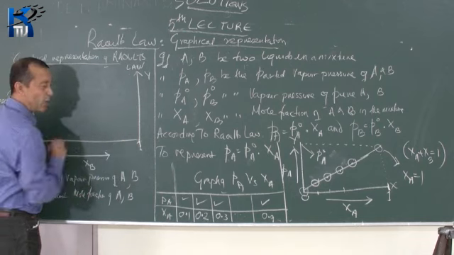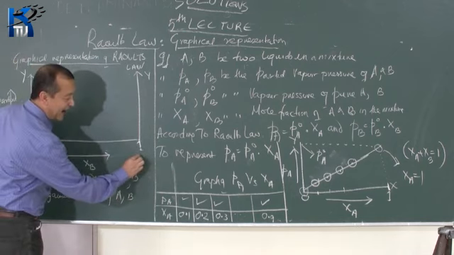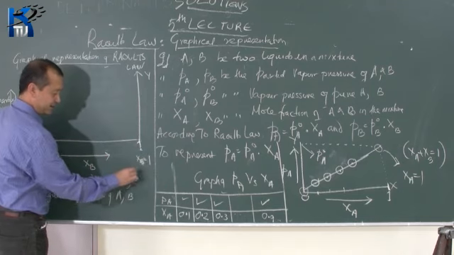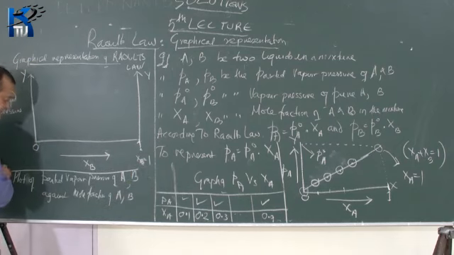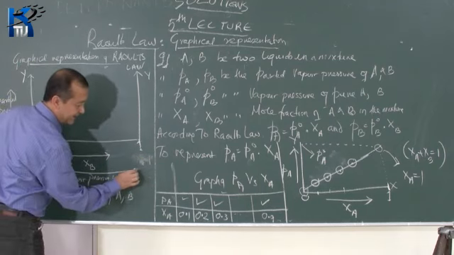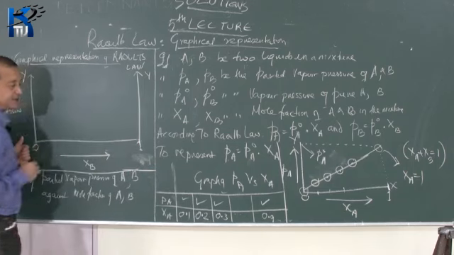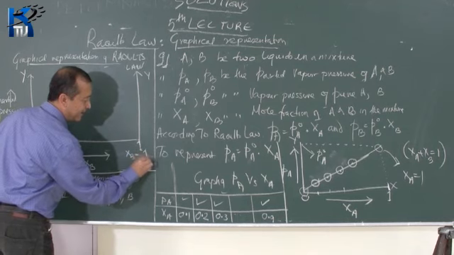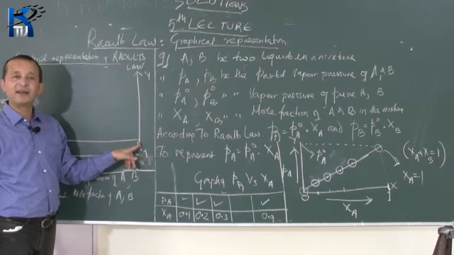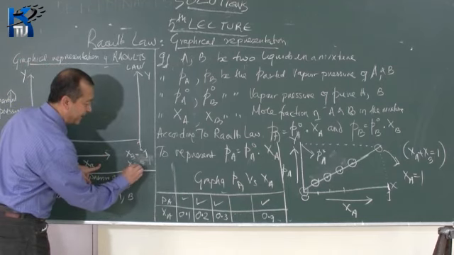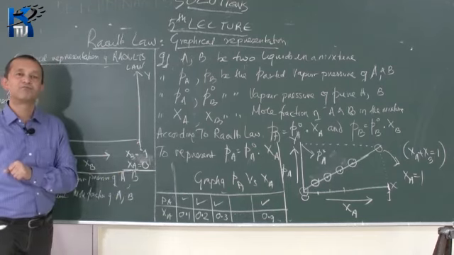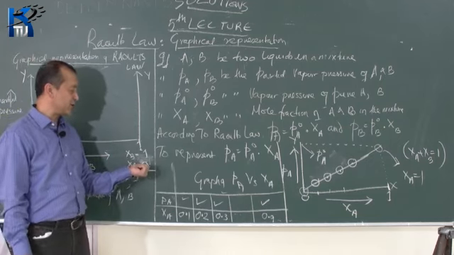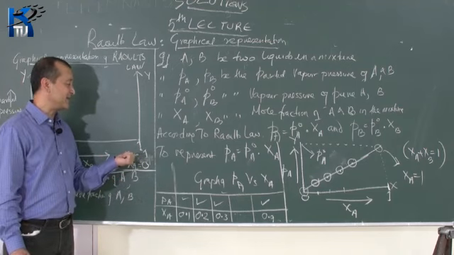If XB is 1 here, it means XA will be equal to 0. This is what you should try to answer: why should it be equal to 0? Because XA plus XB is equal to 1.